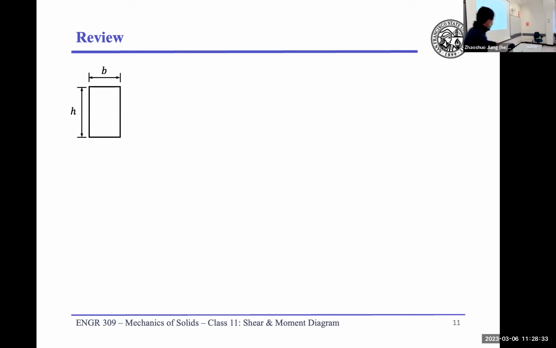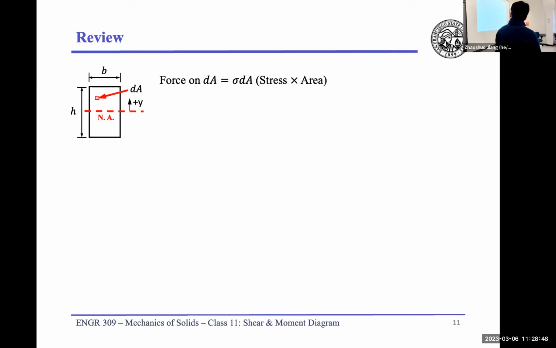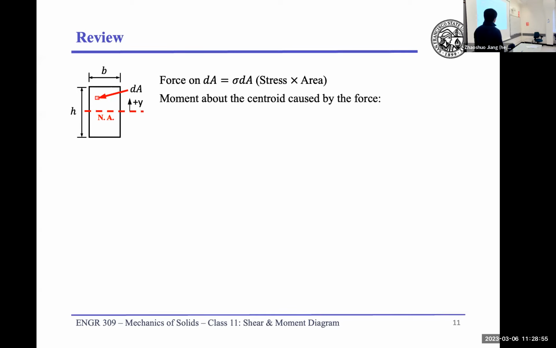This is our cross section again of the beam. This is the neutral axis. We are saying above my neutral axis, my y is positive. Below that is negative. And if we have a small area, that is our dA. And we know that the force is equal to the stress times the area. We calculated the stress before.